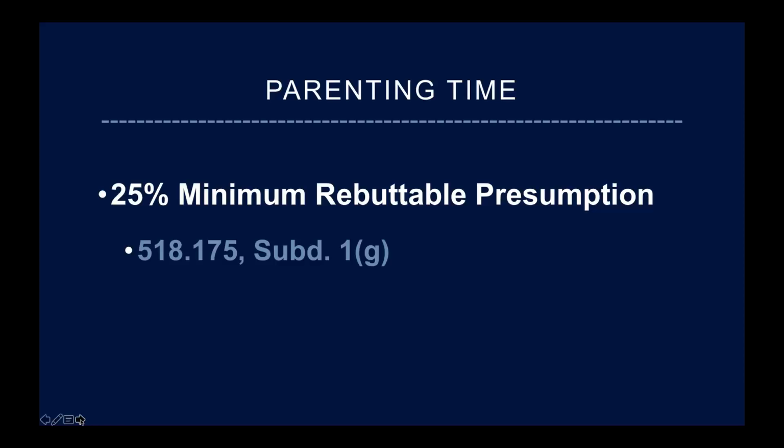The child support statutes take into account the number of overnights in determining what the amount of support will be for one parent versus another. And so when the statute speaks of mandatory minimums or 25% as a rebuttable presumption, it's the overnights that are being counted. And of course, that is a rebuttable presumption. If there's some reason for the court to deviate from that number, they will.